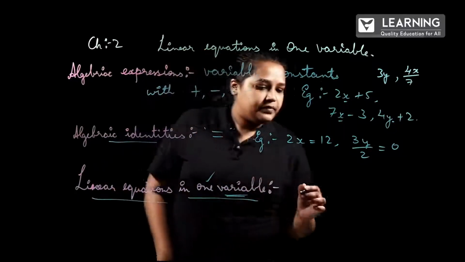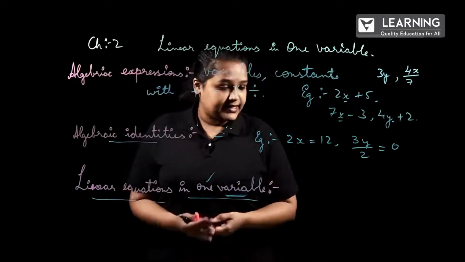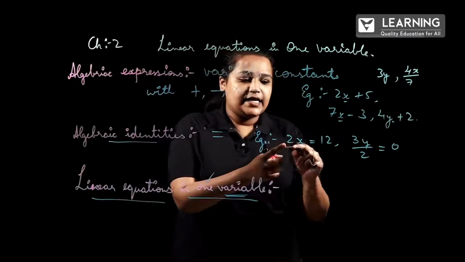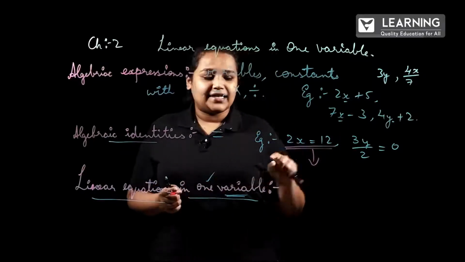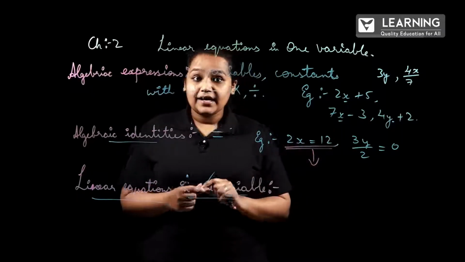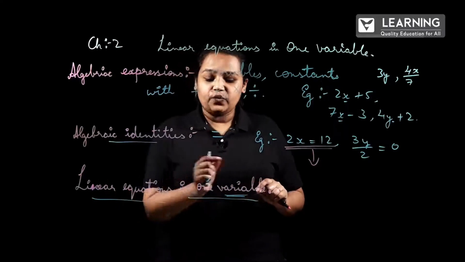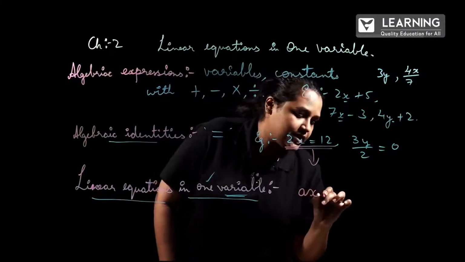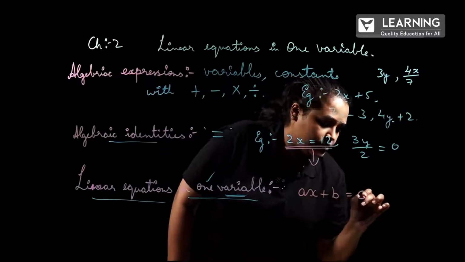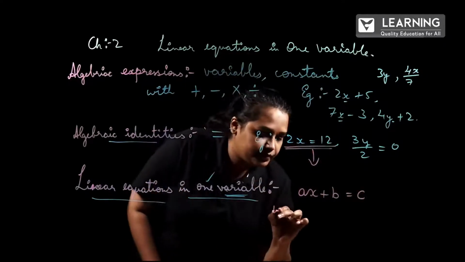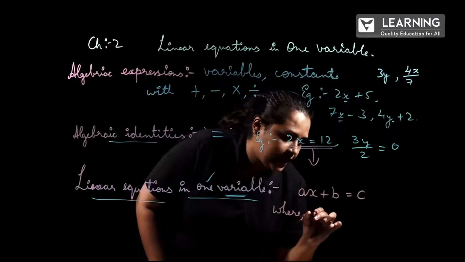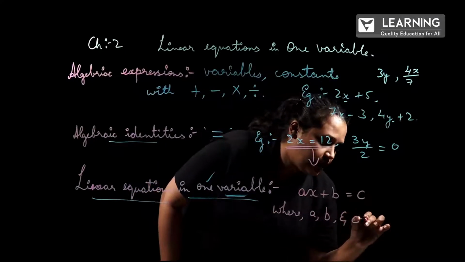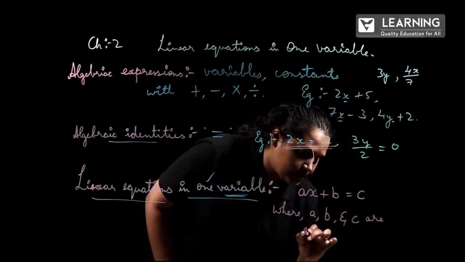For example, here only, if you take this example, this is in linear form, means it is in the straight line, right? But here linear equation in one variable means it will be in the form of ax plus b is equal to c, where a, b and c are real numbers.